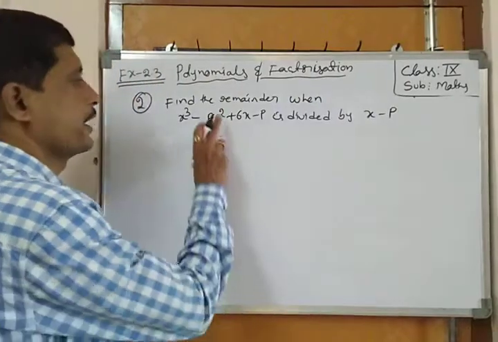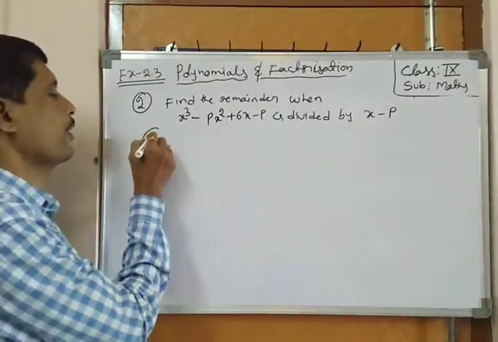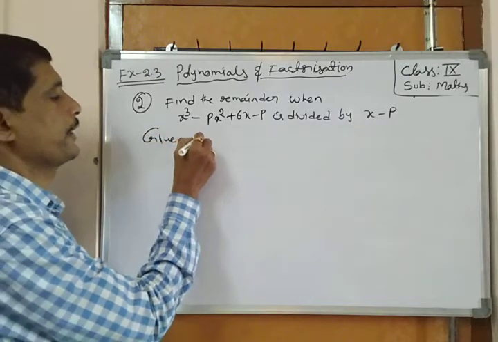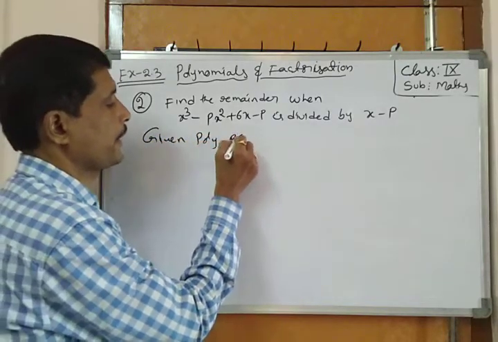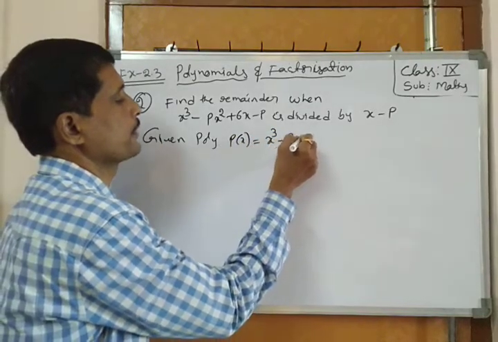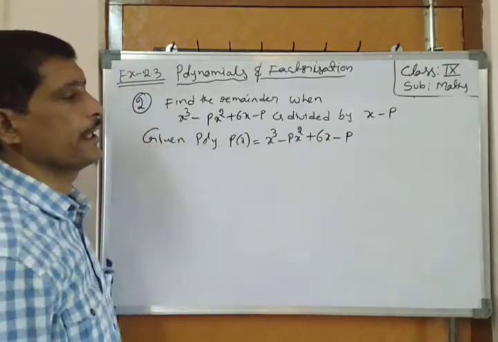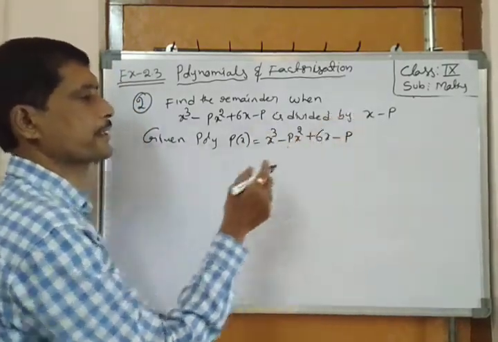Yeah, see, here we find the remainder when x cube, here the degree is 3. Therefore the given polynomial, that is P of x, equal to x cube minus px square plus 6x minus p. Here it is divided by x minus p.